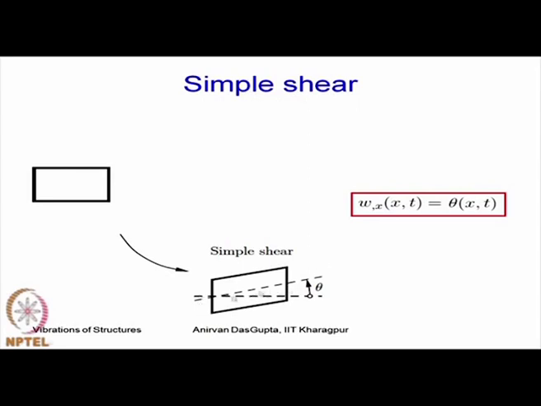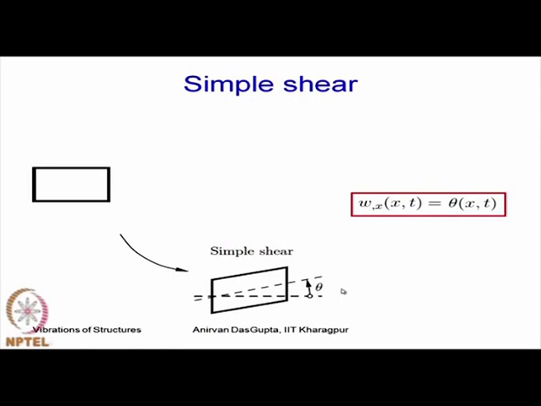This angle theta is the shear strain, and as you can see here, the slope of the neutral fibers or the neutral axis is nothing but this shear strain.